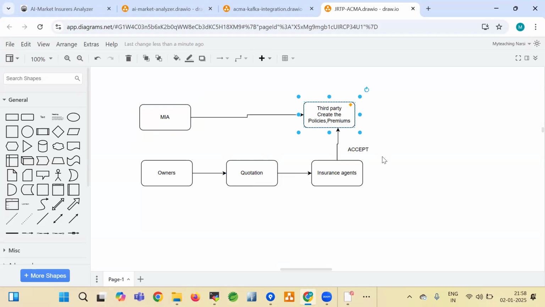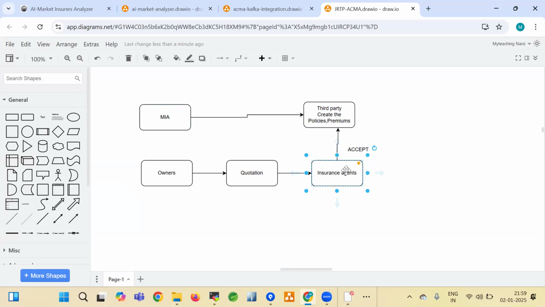We in the sense MIA, Market Insurance Analyzer. This product is helping the insurance companies, and it is also helping the property owners in resolving all the issues that we discussed, right? And it is also helping the insurance agents by sending the property quotations to the agents.